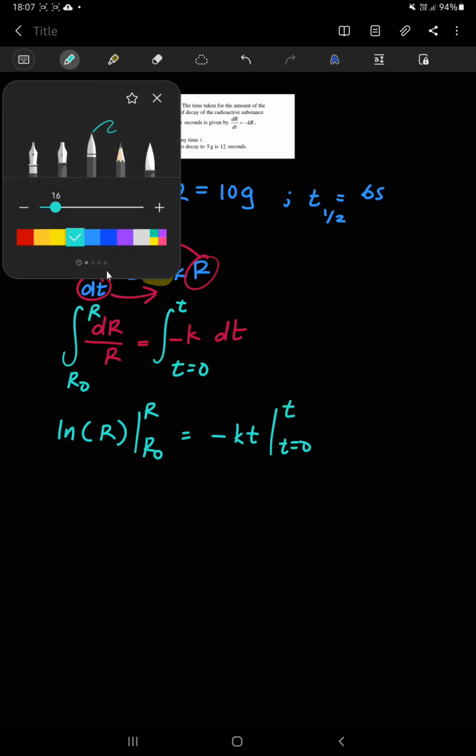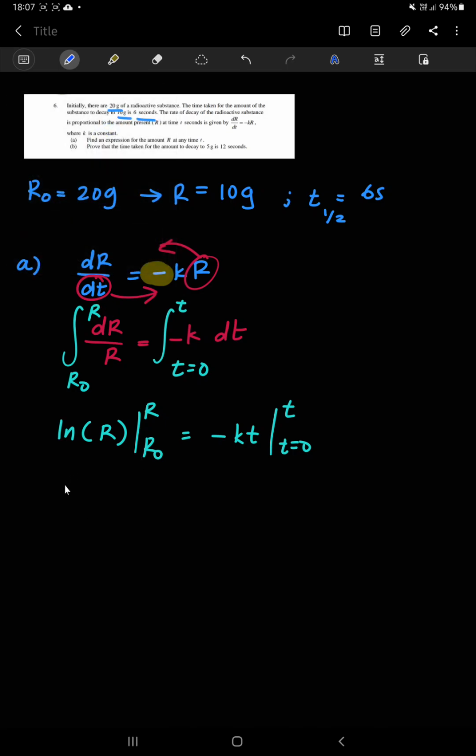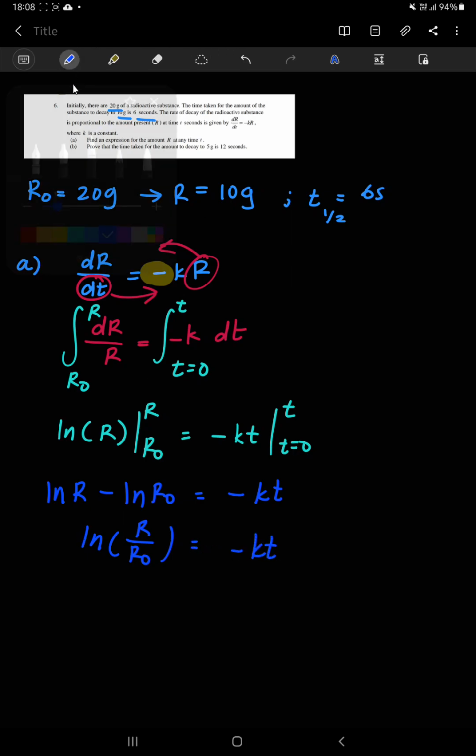Right, so we have this very beautiful expression: ln R minus ln R0 equals negative kt. So this is ln R divided by R0, using the properties of logarithm, equals negative kt, and then we can raise e to both sides.